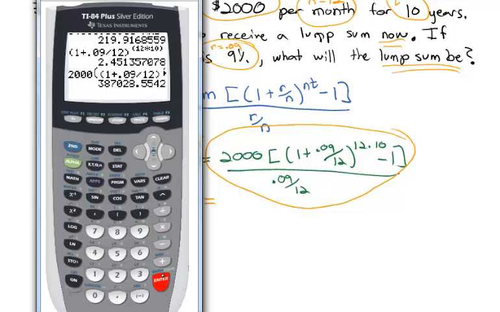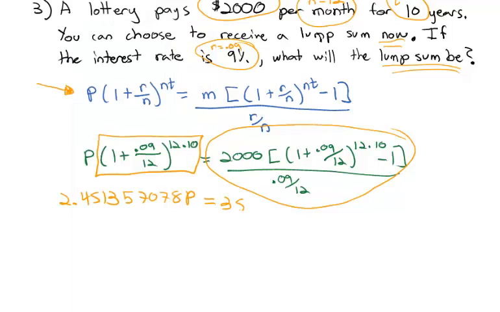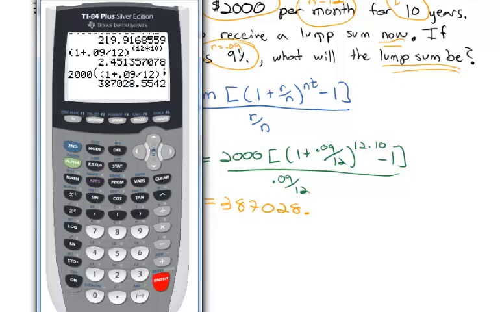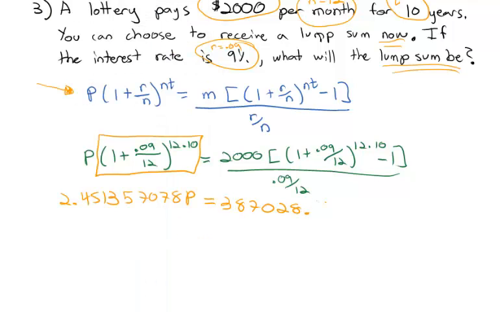We have 387,028.55. So to solve for P, we just have to divide by that 2.451357078 on both sides.